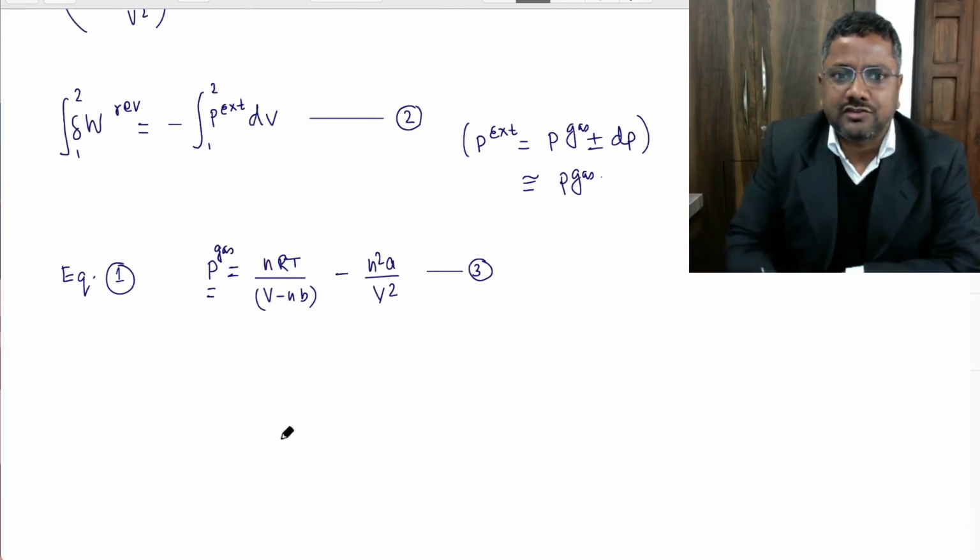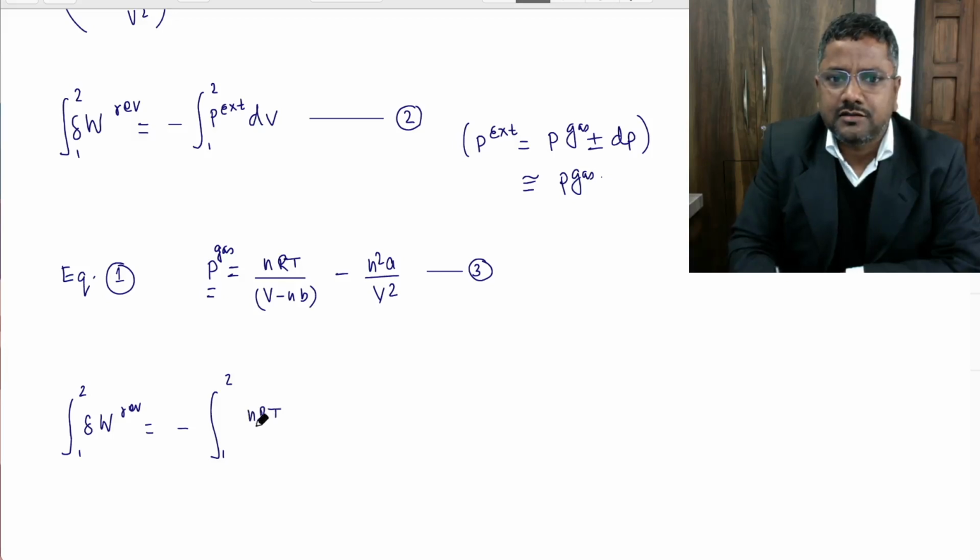So from equation 2, you can write W reversible is equal to minus integral from 1 to 2 of [nRT by (V − nb) minus n²a by V²] dV.